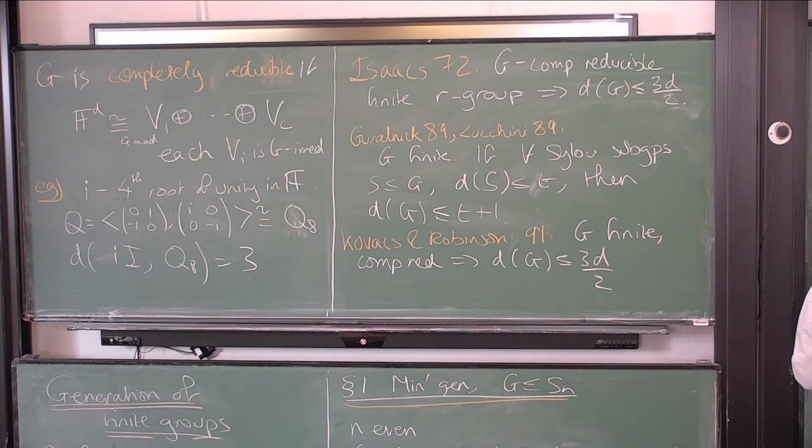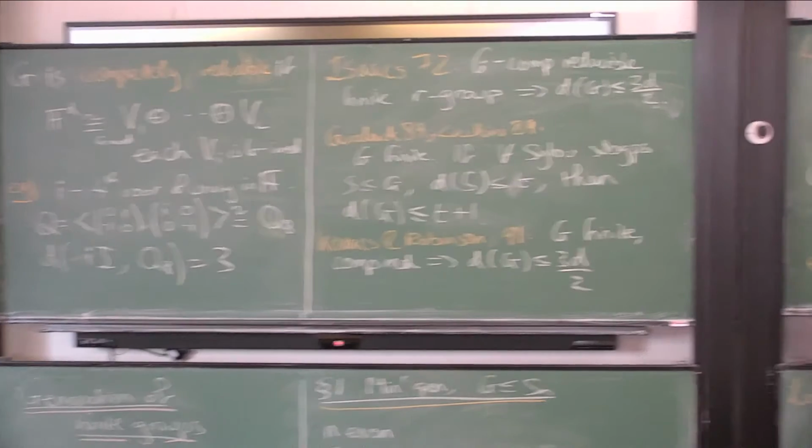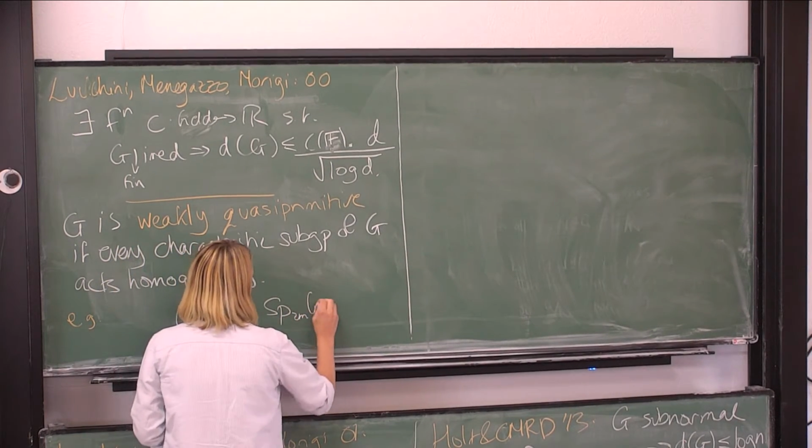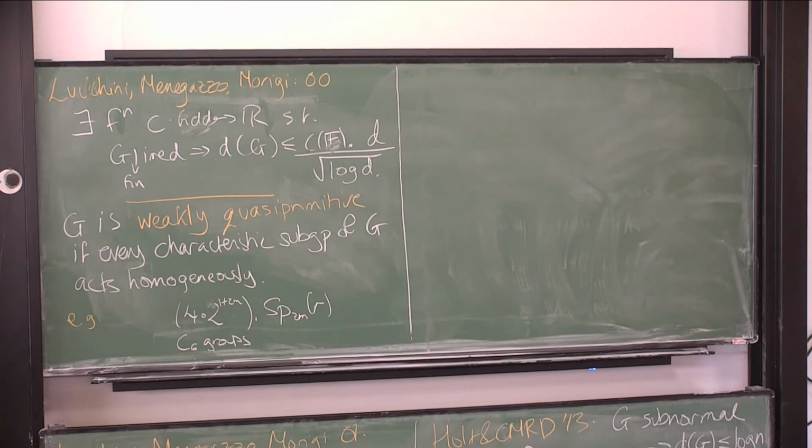Well, in general, the largest you're going to find in there looks like a central product of a cyclic group of order 4 that's being scalars. Here's my R group. It's got order 2 to the 1 plus 2m in this particular case. I want R to be 2 in this case. And then I can put a symplectic group on top, preserving the natural form on that extraspecial group. So that's a C6 group.